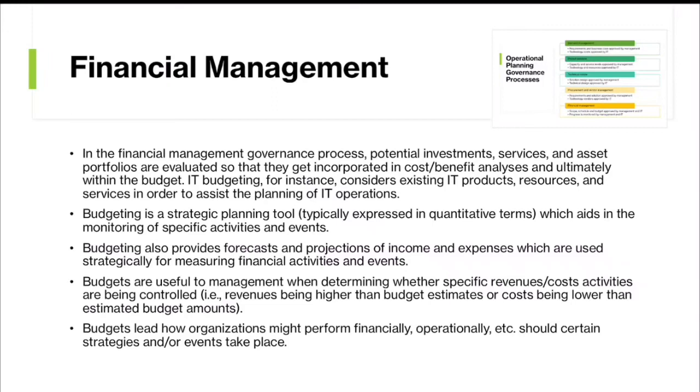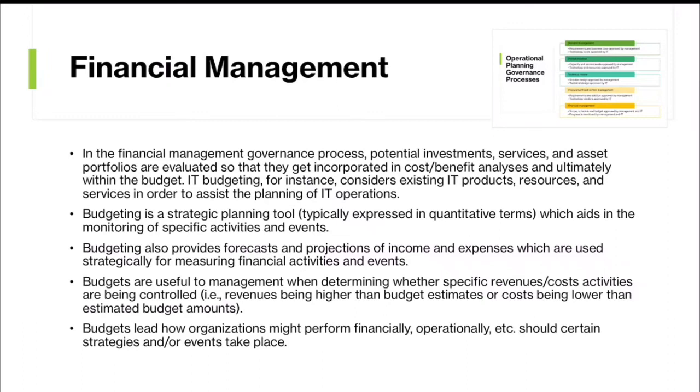So budgets are useful to management when determining whether specific revenues or cost activities are being controlled, such as revenues being higher than budget estimates or costs being lower than estimated budget amounts.